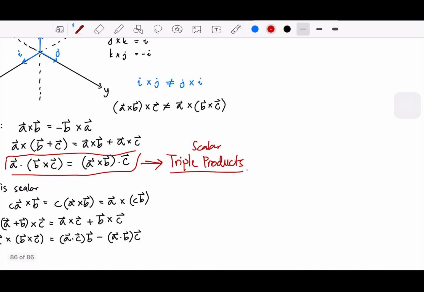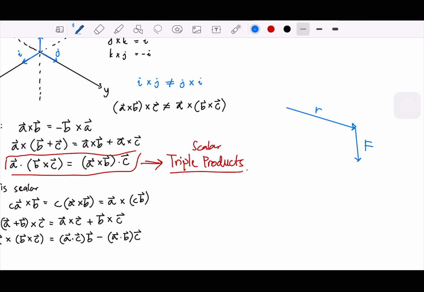Like this, if you have maybe this is the length R, and you have maybe force F, so it has a vector here, R cross F.